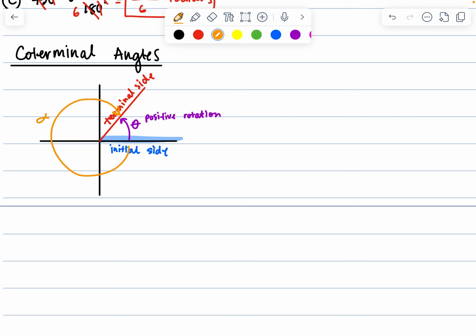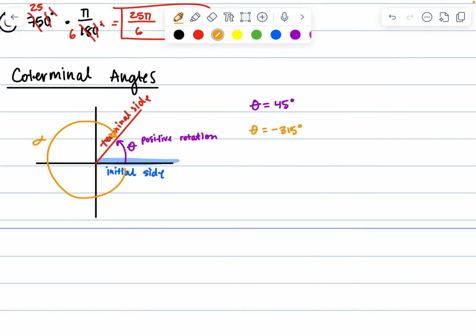If theta was equal to 30 degrees, actually it doesn't look like 30, it looks like 45 degrees. And then since alpha is a negative rotation, we could say this is negative 315 degrees. These are coterminals, okay? So coterminal angles are angles that land in the same position.